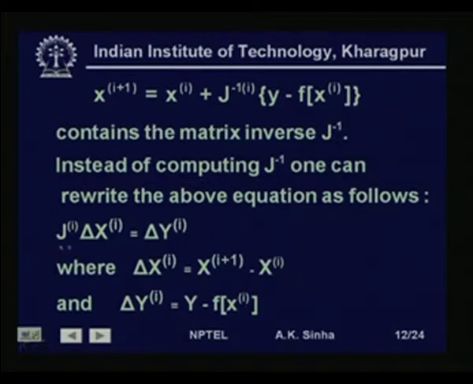So, what we are seeing here is that we now have a set of equations in this form, where we do not have the inverse of J, but we have the J matrix. Now, we need to solve for delta x using this equation.